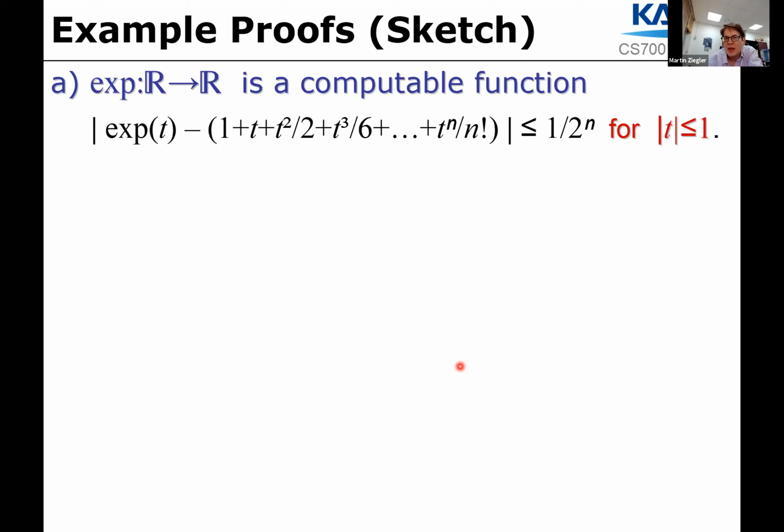Then it's a matter of classical calculus and tail estimates to see that omitting all the terms of order n+1, n+2, and so on gives rise to an absolute error of at most 1/2 to the n, provided that the argument t is in the range from -1 to +1.